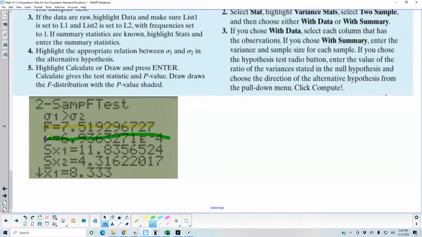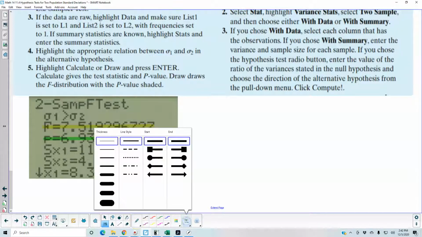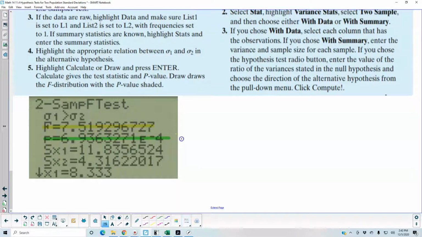Now our p-value is in scientific notation. So technically when you're looking at this number, what you are looking at is 6.9 times 10 to the negative 4. Which means that you have 6.9, and you're moving the decimal 1, 2, 3, 4 places to the left.